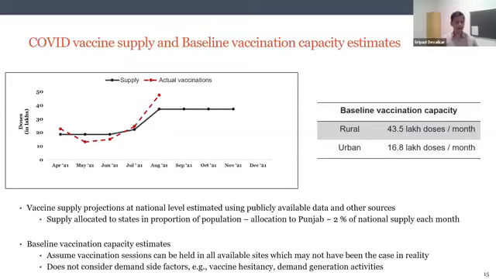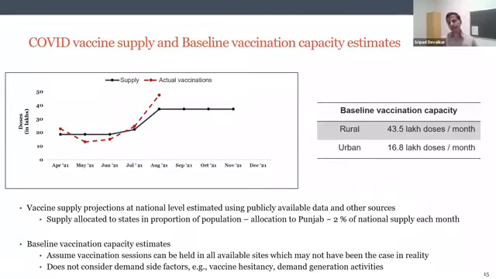The other thing that we have, and all of our model, supply chain model especially, is under the assumption that only the public health infrastructure is being used for the delivery of COVID vaccines, both in the urban areas and rural areas.